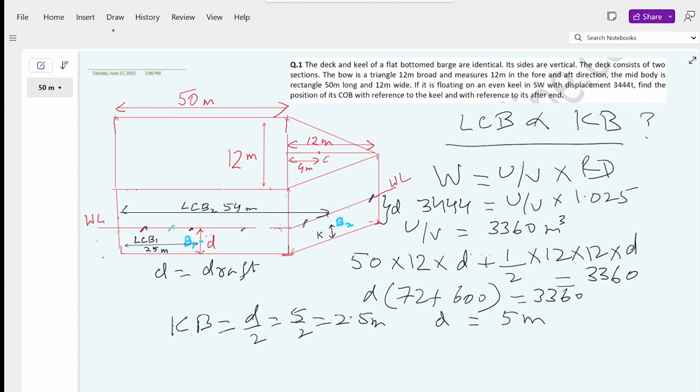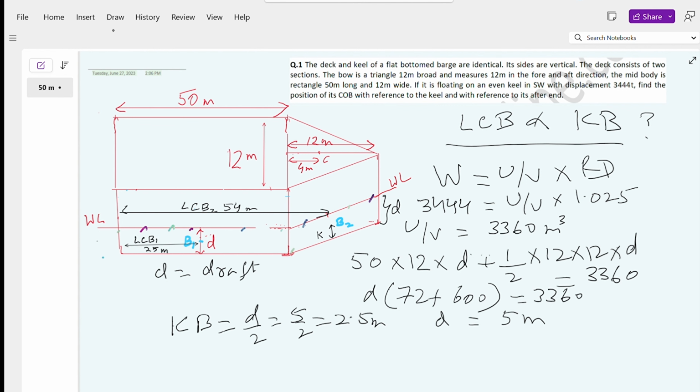Now, what about the forward part? Triangular section, center of buoyancy of the triangular section. The centroid of a triangle is 1/3 from the base. The total height of the triangle is 12 meter, 1/3 is 4 meters.